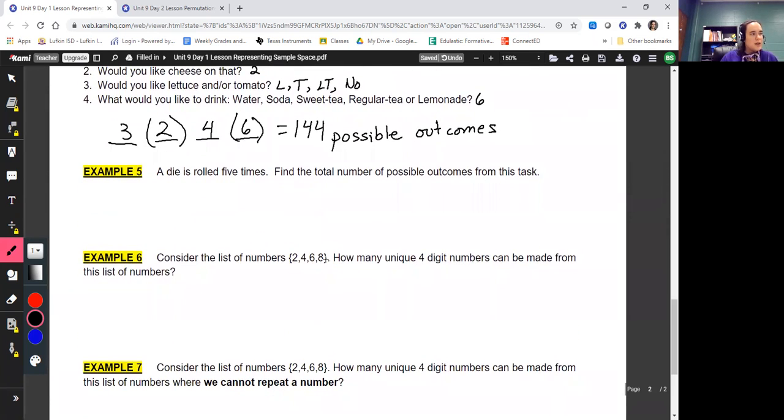Our next example, a die is rolled 5 times. Find the total number of possible outcomes from this task. So we are rolling 1 die 5 times. So we've got 5 spaces because we're rolling the die 5 times. Now, how many options do we have on a standard die? 6, because we have 1, 2, 3, 4, 5, and 6.